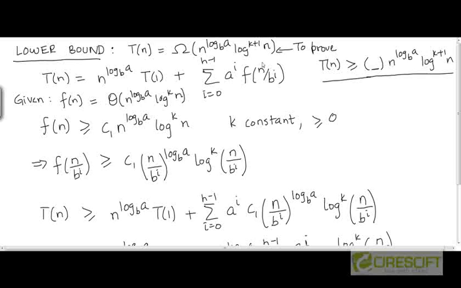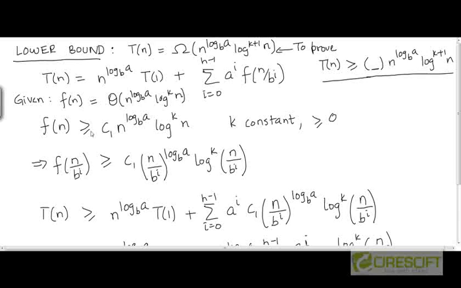So we are going to replace this f of n by b to the power I by its corresponding lower bound, and thereby we will reduce the value of this expression overall, thus making it less than or equal to T of n. So that will hopefully take us a step closer to proving this kind of a claim.